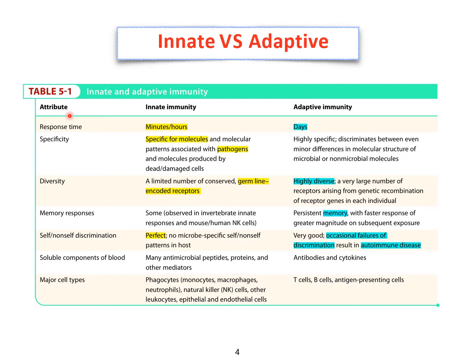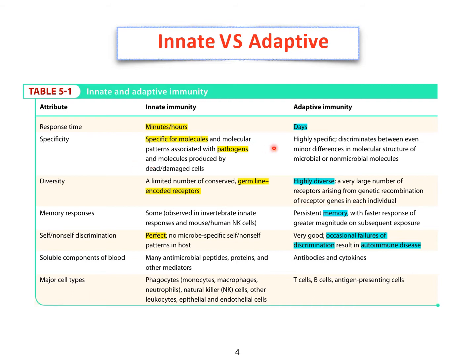This slide is showing differences between adaptive and innate immunity. If we see the response time, innate immunity is very fast, that is, the response is within minutes or hours, whereas the adaptive immunity takes days to react. And the specificity of innate immunity is for molecules and molecular patterns associated with pathogens and molecules produced by dead or damaged cells.